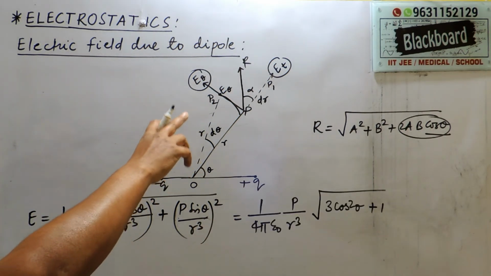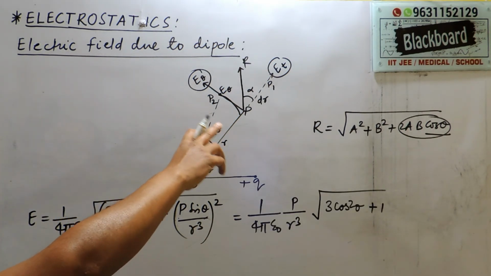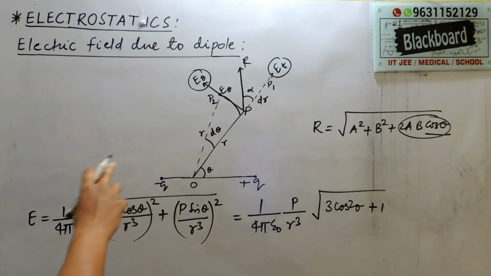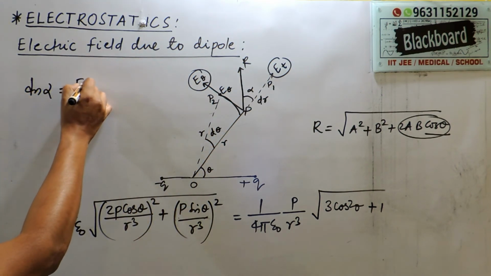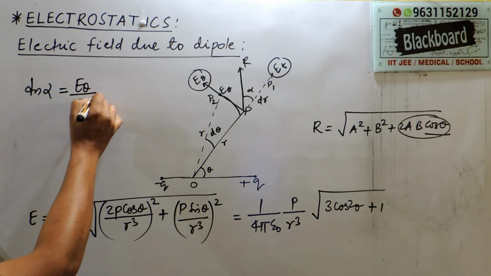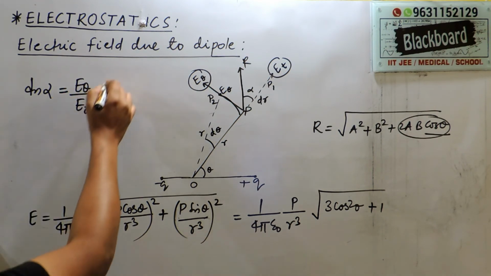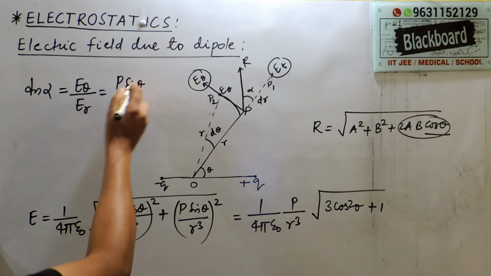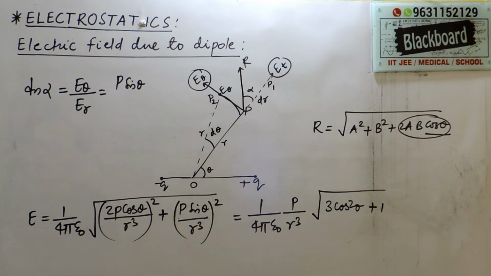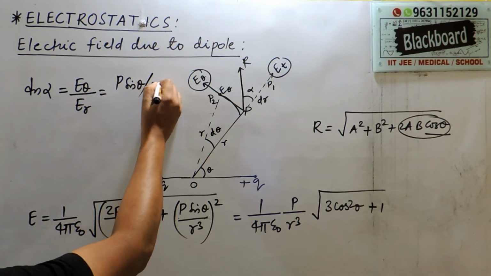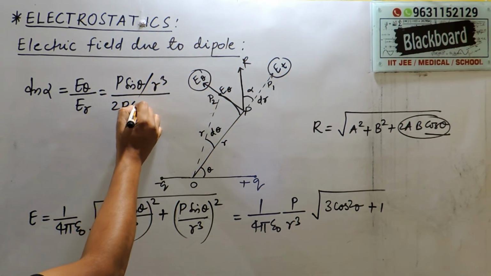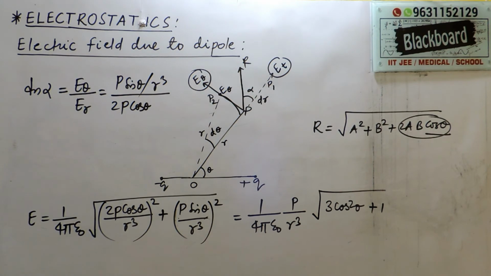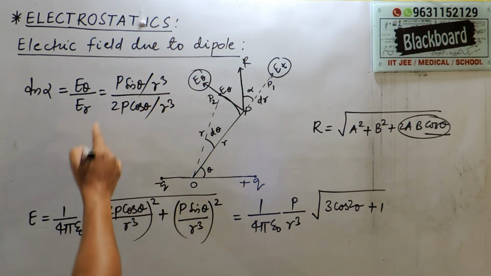If this resultant electric field makes an angle alpha with the radial direction OP, then tan alpha is equal to E theta by ER. That is p sin theta by R cube divided by 2p cos theta by R cube; 1 by 4 pi epsilon naught cancels out.